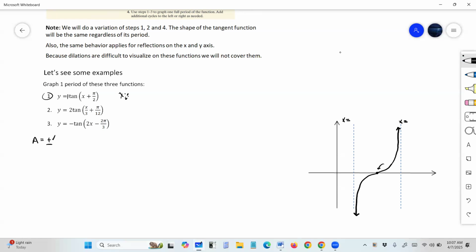For the x-intercept, you take the information within the parentheses and make it equal to 0. Then you just solve that for x. In this case, it's minus pi over 2 on both sides, and we get that x is negative pi over 2.